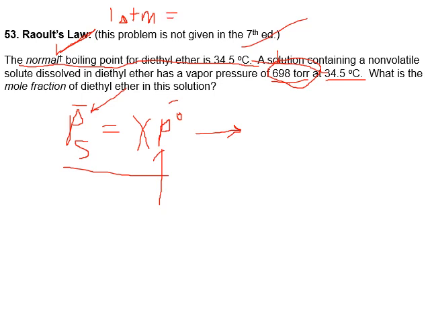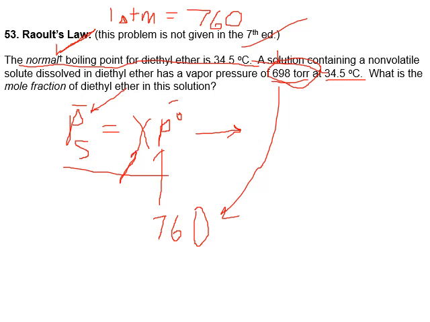So what they're saying here is that the pressure of the pure liquid, the vapor pressure, would be 760 at that temperature, because it boils at that temperature. So 760 torr. So if we divide PS by P naught, we're dividing 698 by 760. And that's going to give us chi here, which is the mole fraction, and that's what they're asking for.